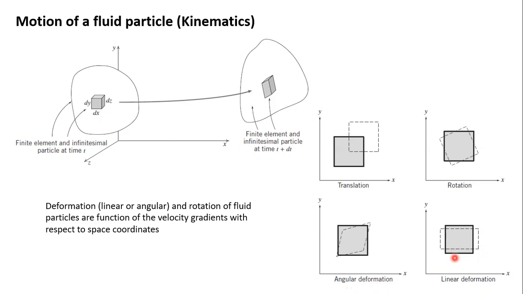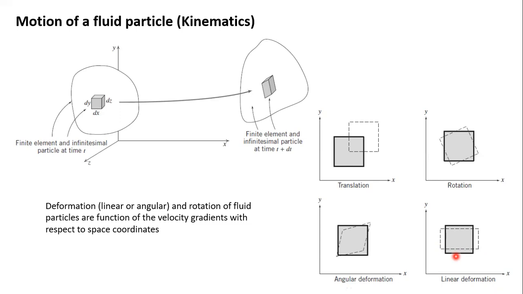For example, in the x direction here, the length is delta x. After a certain time, the length increased by a certain amount. If you divide the change in the length by the original length, then you have found the strain.